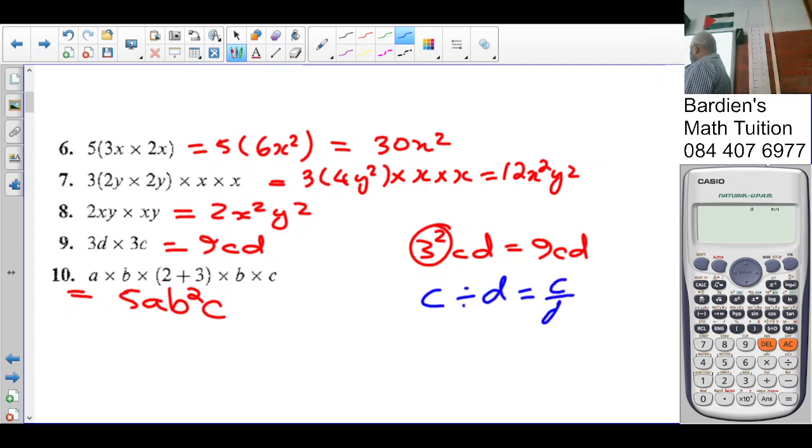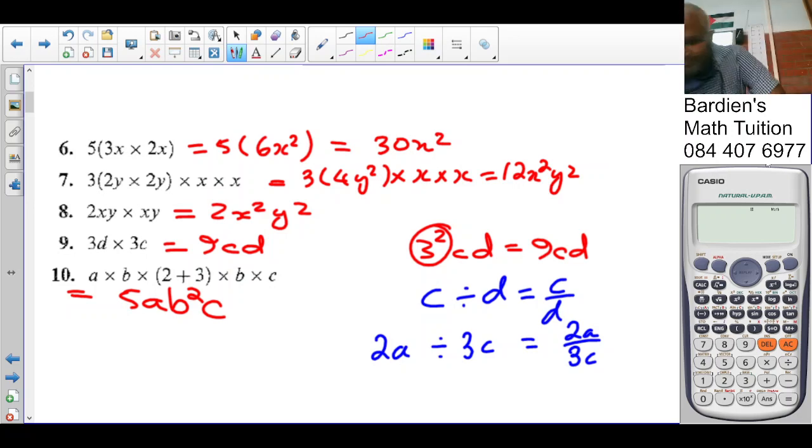C over D. So if you have 2A divided by 3C over, you understand? Not an O, it's an A, no? Right, listen. Let me just get the picture up here.